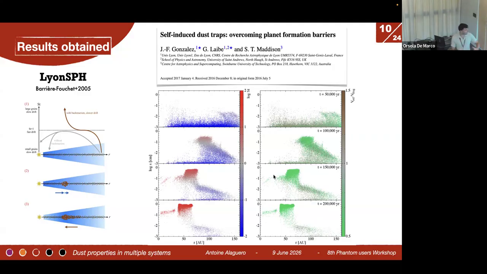And so at some point, your dust ends up completely decoupled from the gas and ends up stopping its radial drift. And so you have a steady accumulation of dust that is growing, and you can solve this way, the self-induced way, the problem of radial drift and losing the dust. So this is very nice.